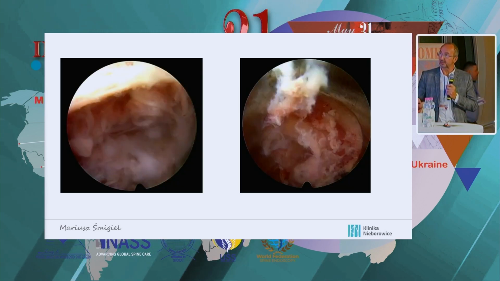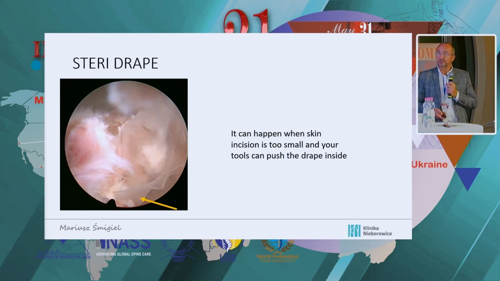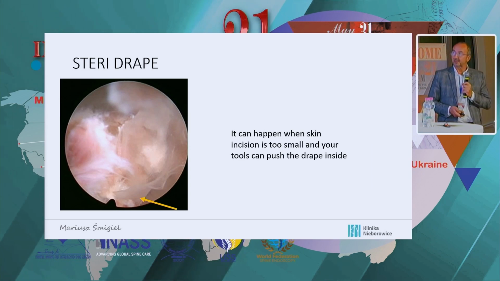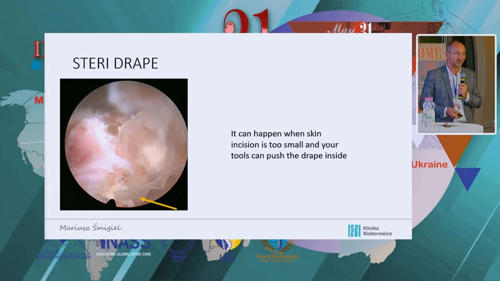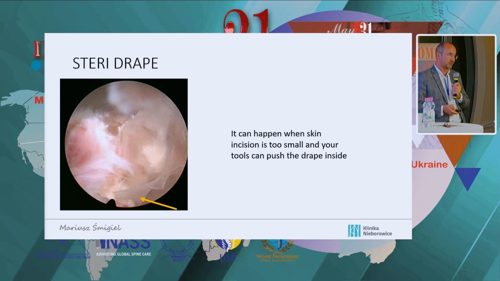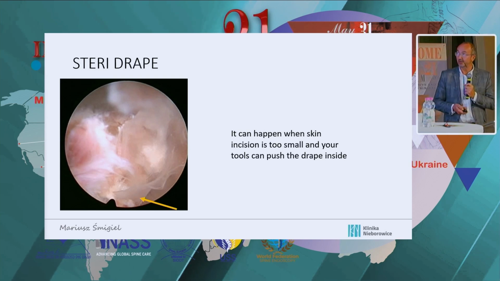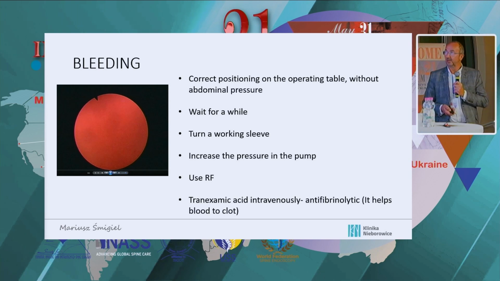Yeah, so it is a lateral view. Twice it happened that I found a steri drape in the operation field. So when we make too small an incision, our drill can push the drape inside.